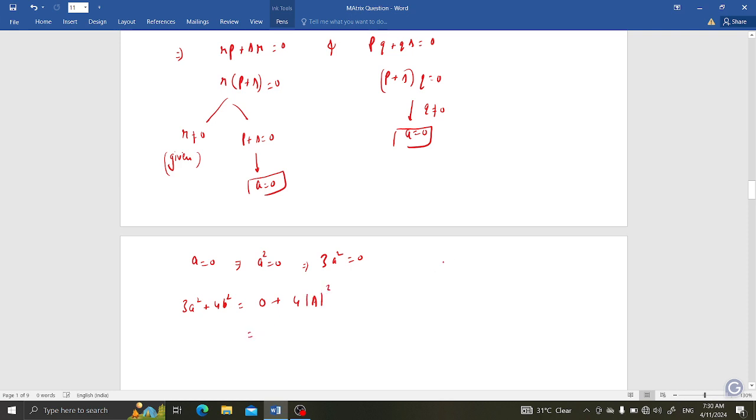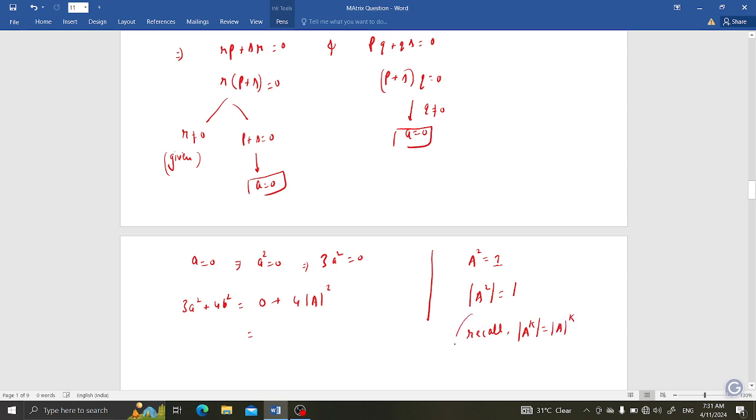One more thing I need to tell you. Here we are given that A square equal to I. If we take determinant on both sides, we have 1, because determinant of I is 1. Now recall the property of the determinant in its integral power: determinant of A raised to the power k is determinant of A raised to the power k.